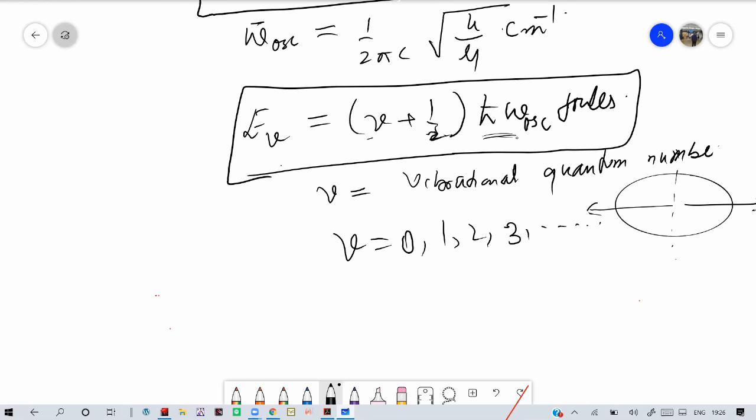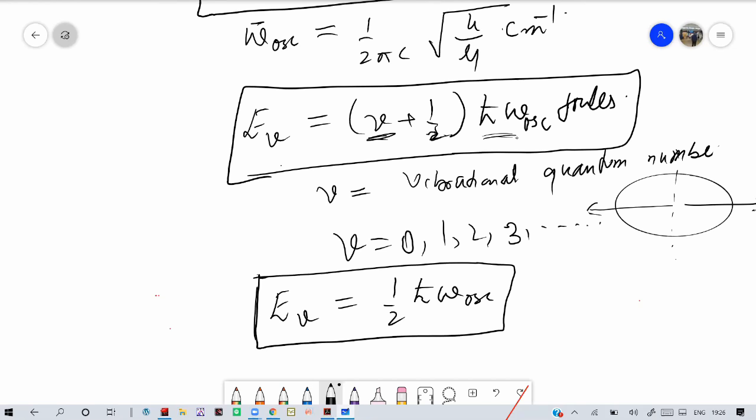But from quantum mechanics, we got this nu, and when nu is 0, you still get some energy, that is 1 by 2 h cut omega oscillation, and this is the zero point energy of a harmonic oscillator. So even when we don't give some energy to vibrate, at ground state there is some vibrational energy that is given by this expression.